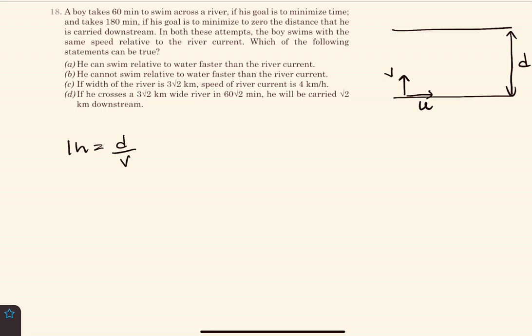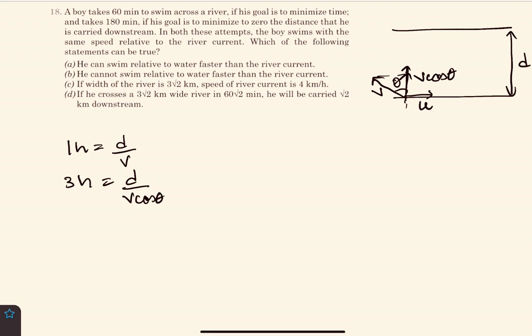Now he wants to make the drift zero. This is only possible if v is larger than u, because the person has to swim at such an angle that v sin theta is equal to u. And in this situation, he crosses the river with a speed v cos theta. So the time taken in this case, that is 3 hours, must be equal to d upon v cos theta.